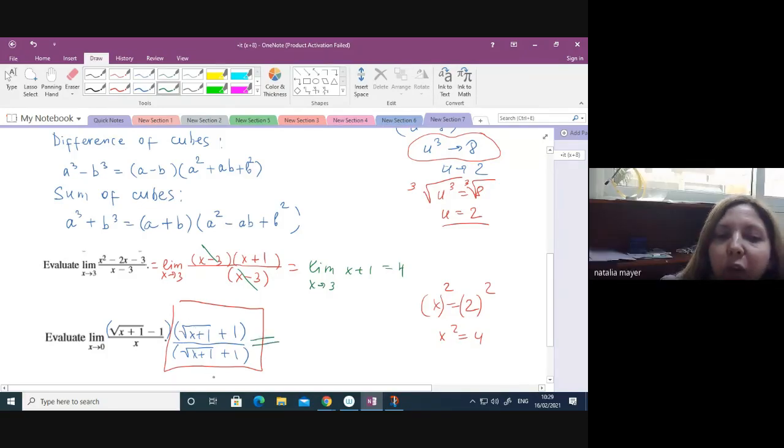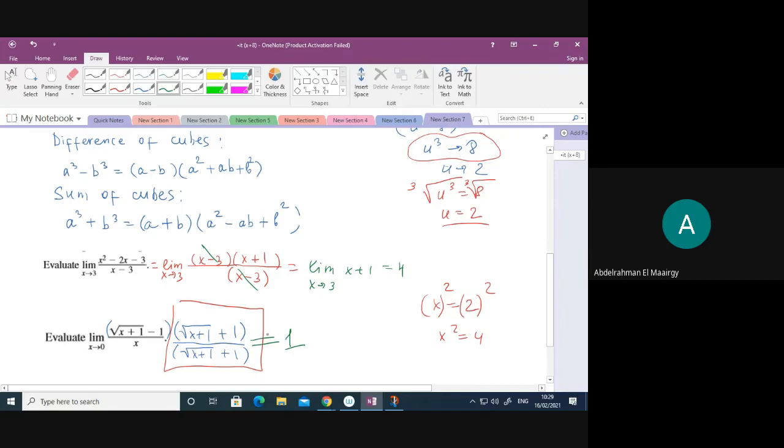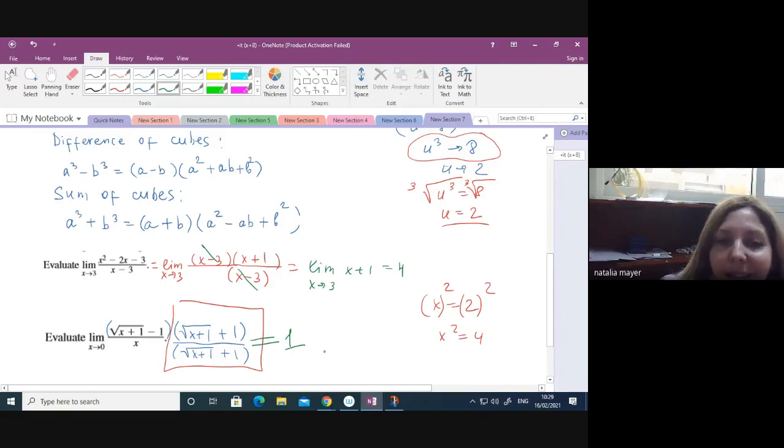What's the value of this quotient? 1. Yes, it's as if we multiplied by 1. Exactly. So I did not change anything, because in fact I multiplied the initial expression by 1. And when I multiply by 1, I don't change anything. Okay.